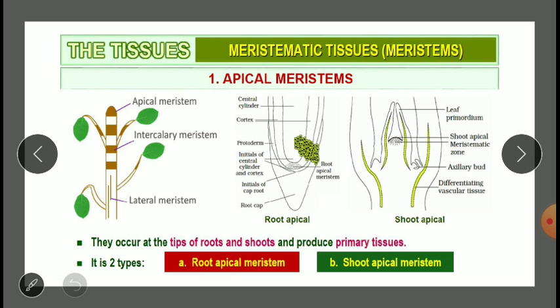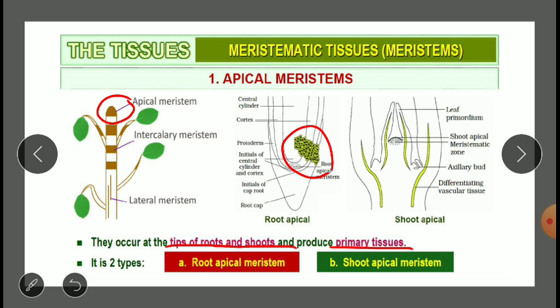These apical meristems are present at the tips of the roots and the shoots, and they are responsible for producing the primary tissues. Wherever there is growth of the shoot or the root, we can see that apical meristems are present.